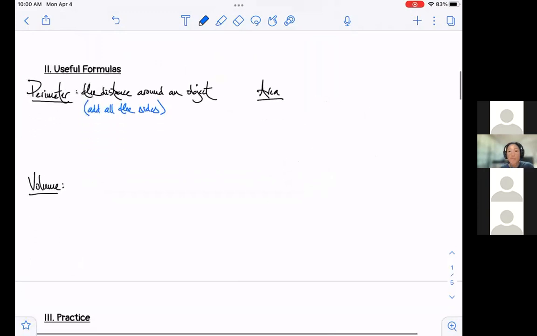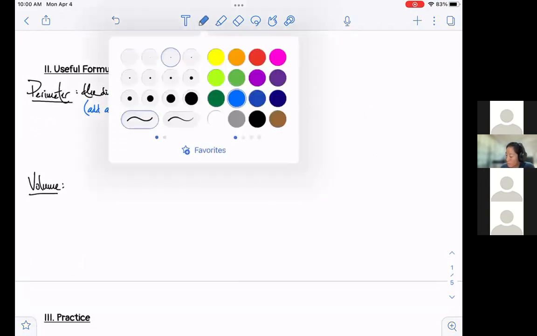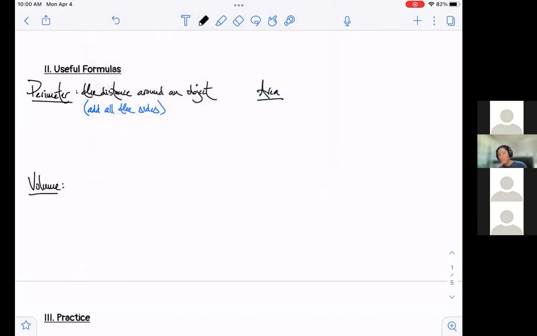So before we write down any formulas here, all right, I'd like us to do the same thing with area. So take 30 seconds, in the chat, type what you think the concept of area is. All right, what do you think the concept of area is? And if you're not sure, but you maybe know what the procedure is, you could type that in as well. Okay, so now we're asking ourselves the same question, but not for perimeter, but for area.